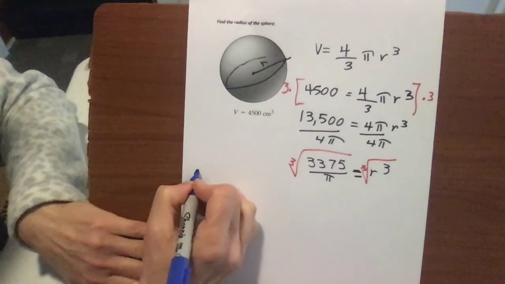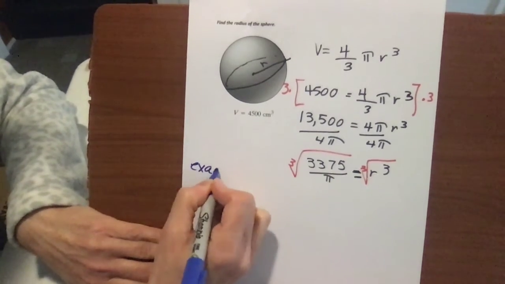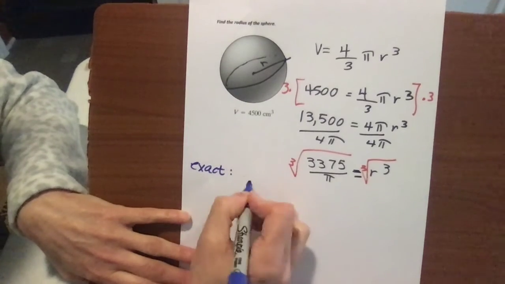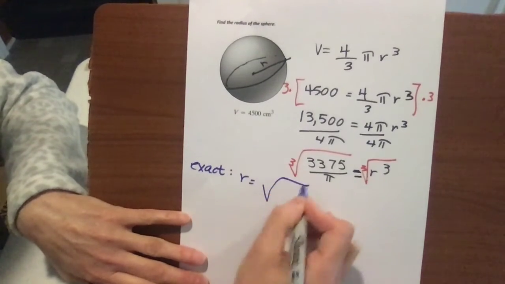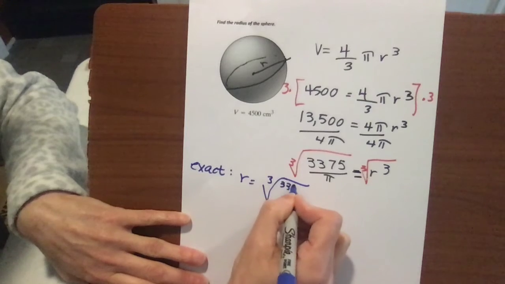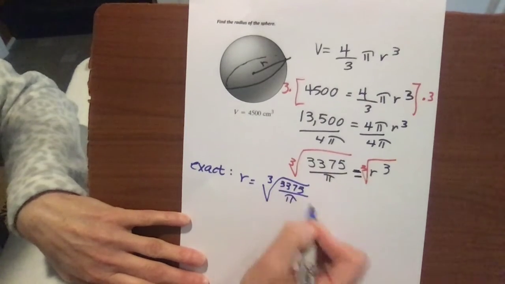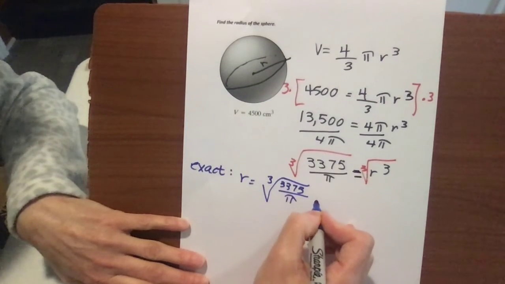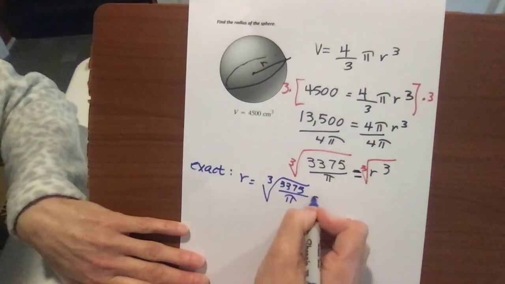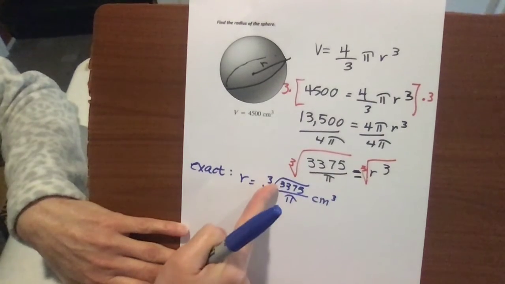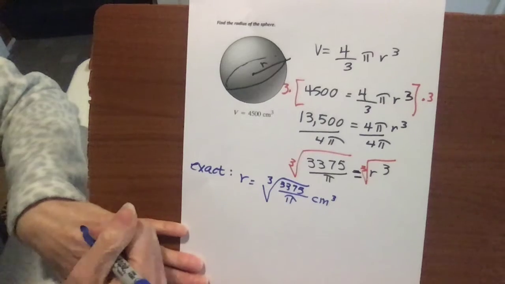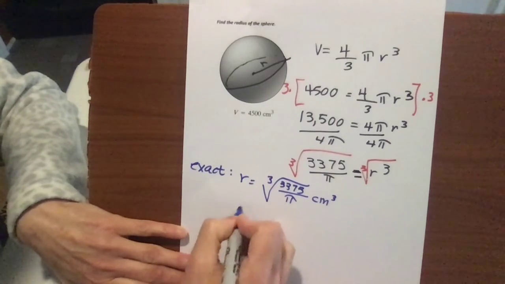Now, if you need an exact answer, you're going to say r is equal to the cube root of 3,375 over pi, and it is in centimeters. Now, with 3,375, always check your numbers. You can take the cube root of that.